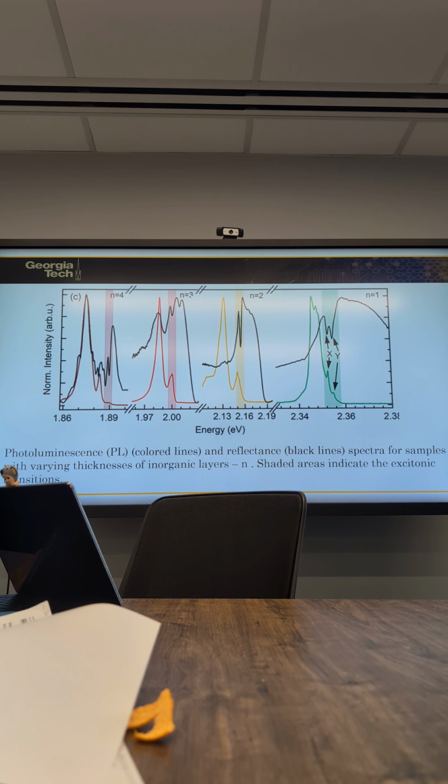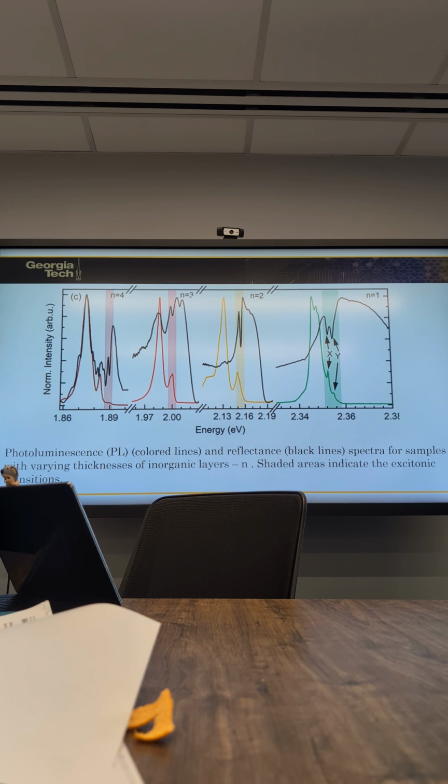And actually, if we notice visible in the reflectance spectra, a shift toward lower energies is an indication of decreasing quantum and dielectric confinement. Let me see. Lower energies. No, this is the opposite actually.